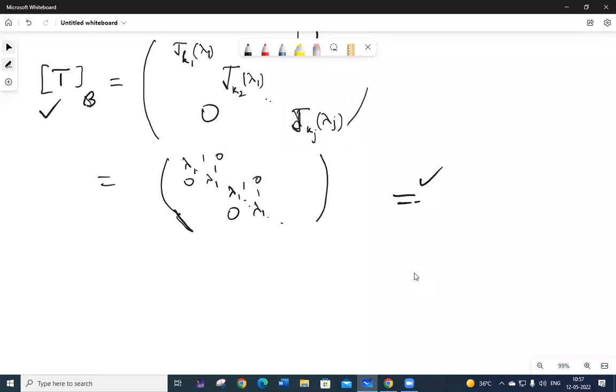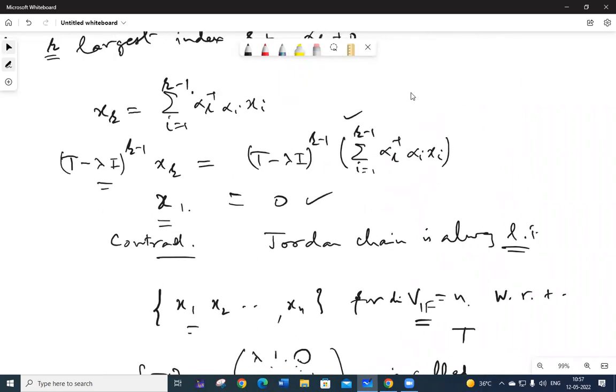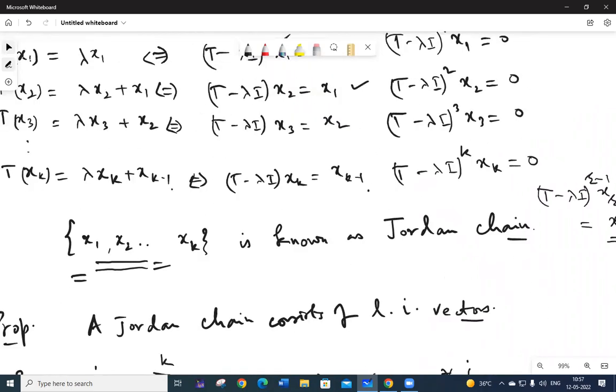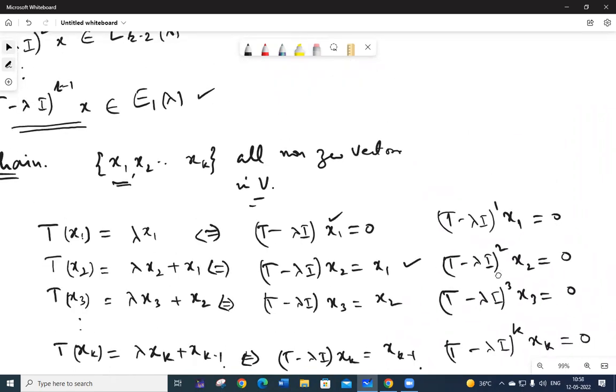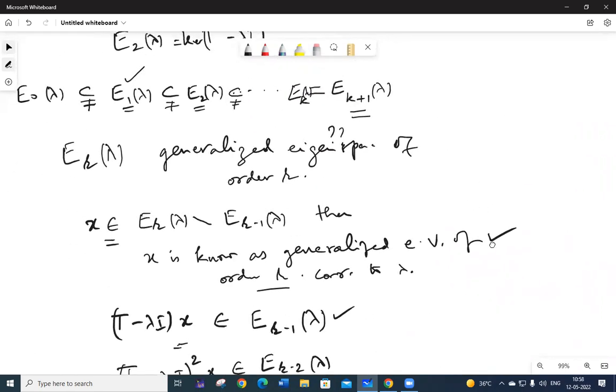Excuse me, sir. Can you please explain the step where T is triangulable implies that the characteristic polynomial splits over the field? I just said that. Why didn't you ask me the question there? Let me go there. What do you want now? You tell me.